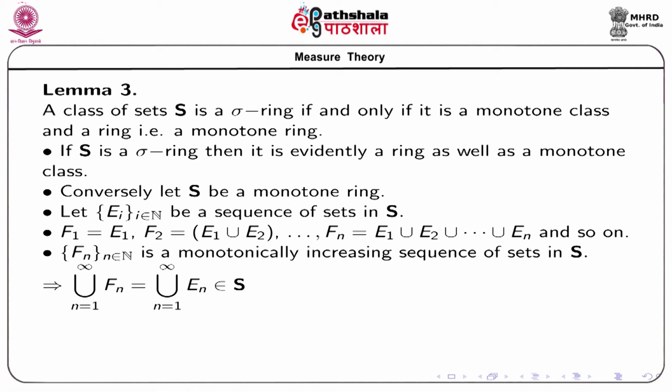So, the union over n from 1 to infinity of F_n already belongs to S, but this union is equal to the union over n from 1 to infinity of A_n. So, this shows that S is also closed under countable union, and so S is a sigma ring.